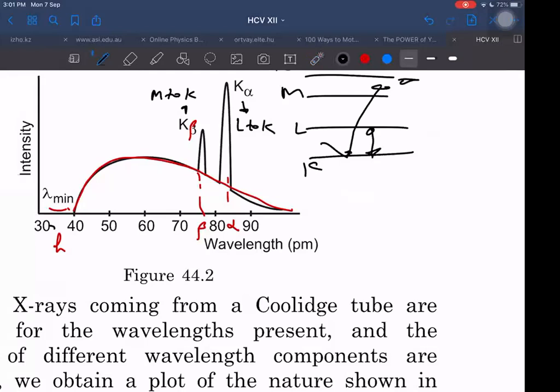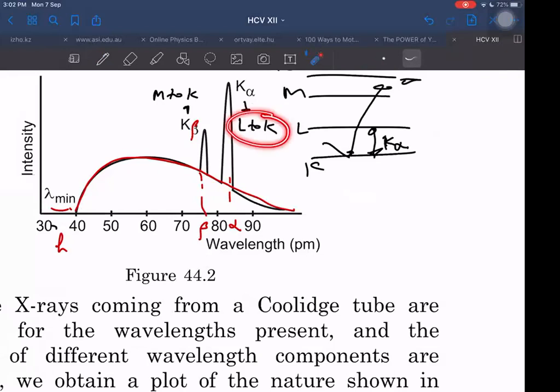This we call K alpha. L to K is K alpha. M to K is K beta. Is it okay? Yes, sir.